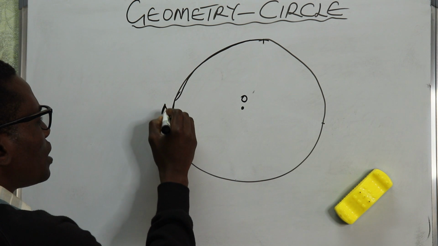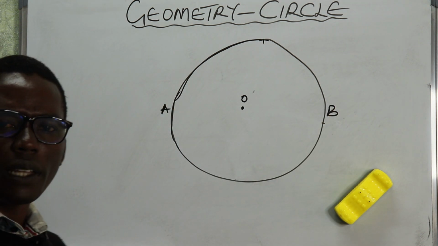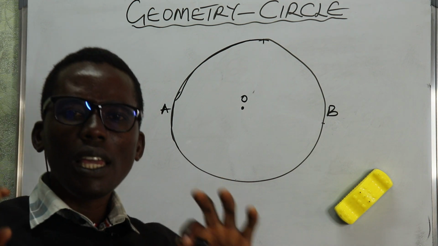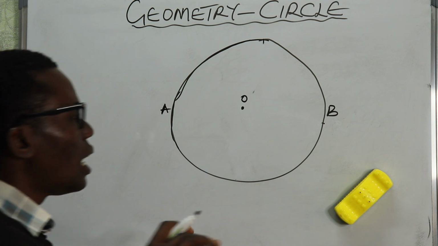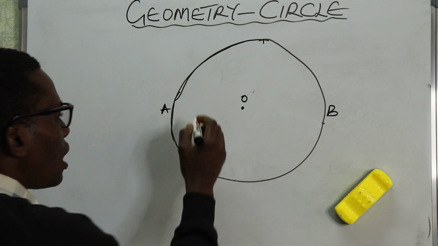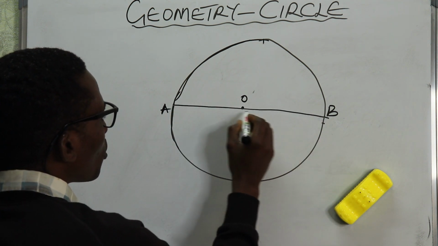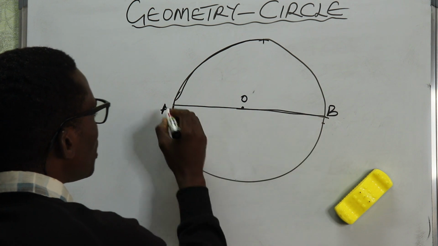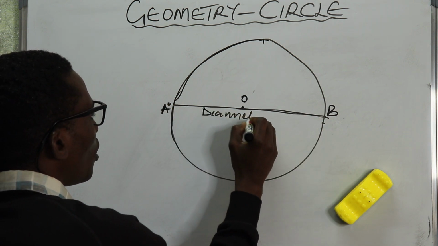If I have a point A here and a point B here, the line AB that joins these 2 points is called the diameter, as long as it cuts across the center of the circle.